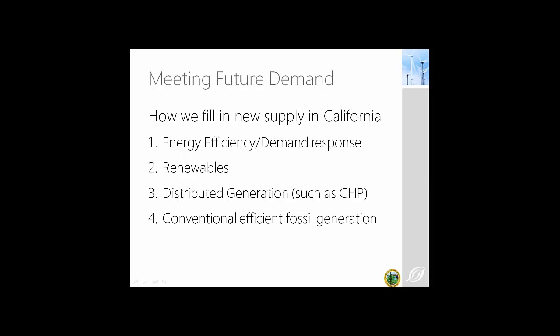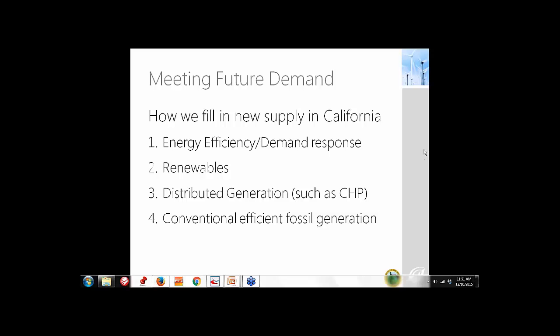Everybody knows that the population in California has been steadily increasing and will continue to increase over the next decade or so. And the way that we're hoping to supply energy to this future demand is first through energy efficiency. So if we generate the same amount of energy now that we do in 10 or 15 years, everyone will have to be using very efficient products and being very energy efficient in their homes.